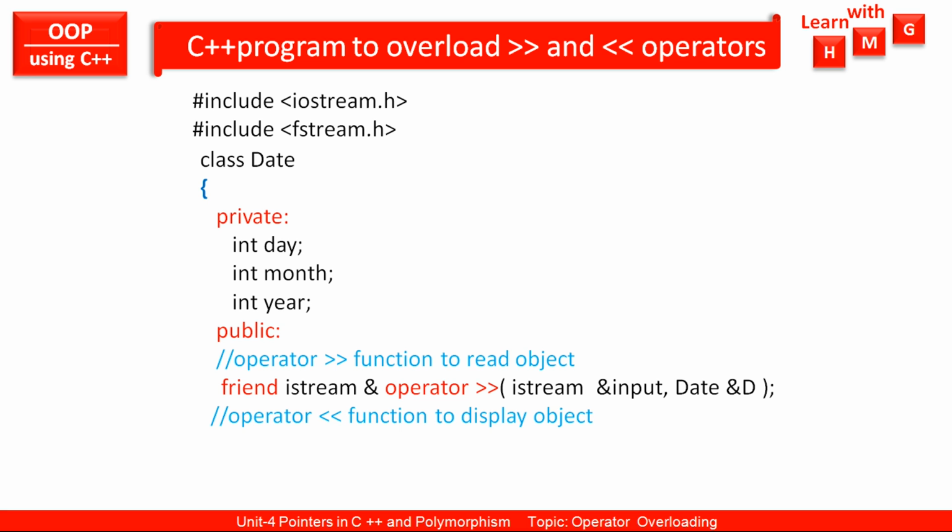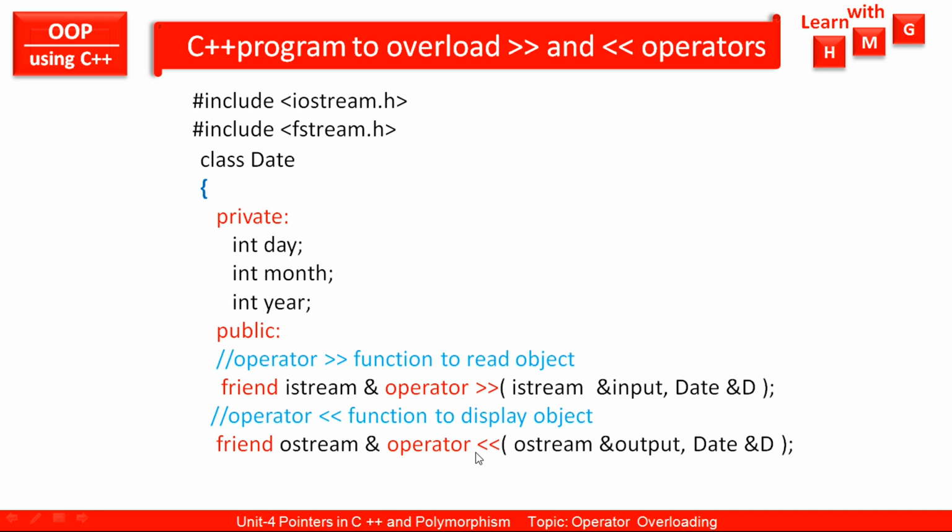Similarly, there is another operator function, that is the insertion operator, which is used to display the object. So the name of the function is operator insertion symbol. This function accepts again two objects. The first object is the output object, which is of type ostream, that is the output stream object, and the second object is the date class object, and both are passed by reference.